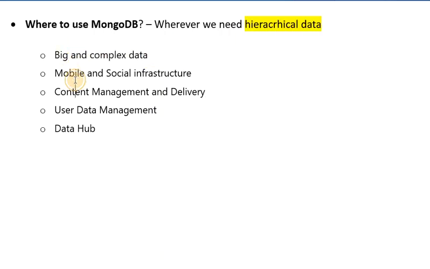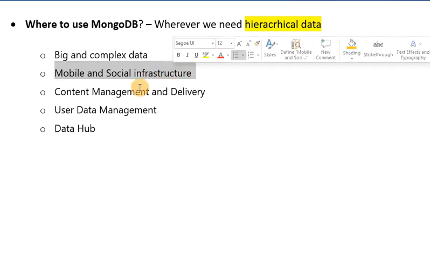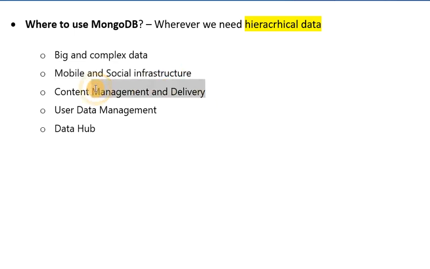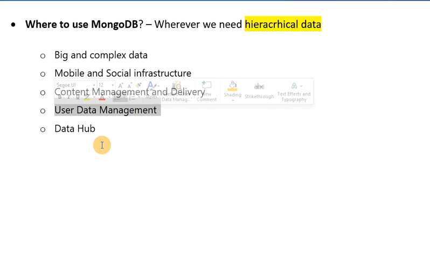Another example is mobile and social infrastructure. This is also an example of hierarchical data, as are content management and delivery, and user data management. As users grow, their data also grows accordingly, so that is why it comes in the hierarchical data category.